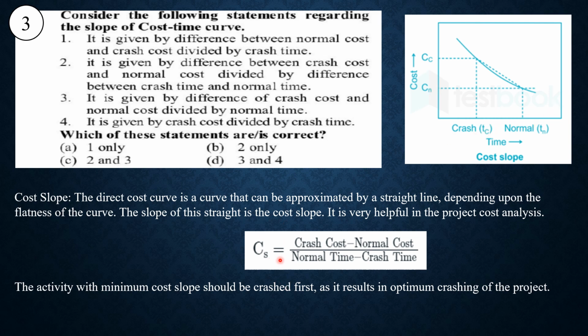This cost slope is approximately a straight line, and the slope of that straight line is nothing but the cost slope, which is very helpful in project cost analysis. So in this question, option number second is correct, 2 only, meaning it is given by the difference between crash cost and normal cost divided by the difference between crash time and normal time.